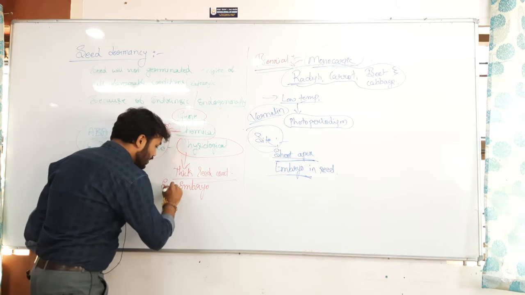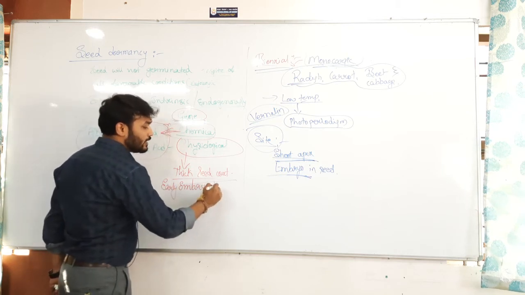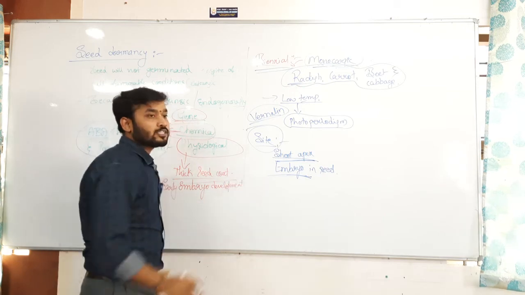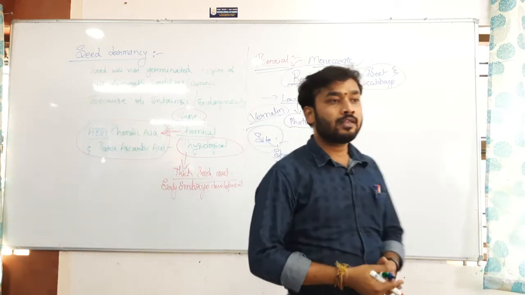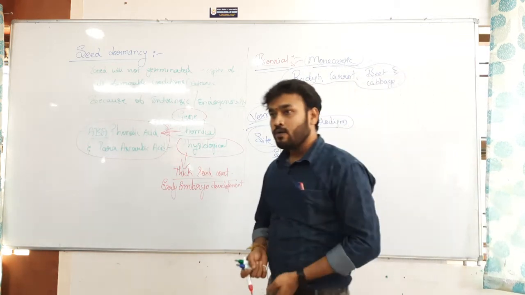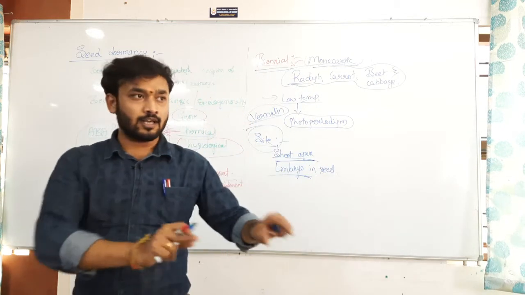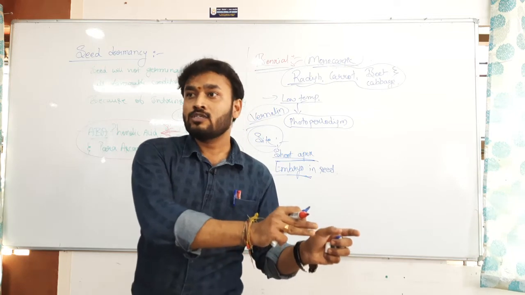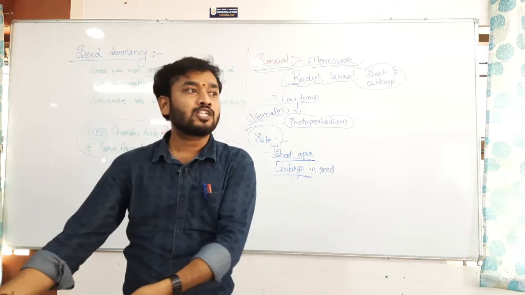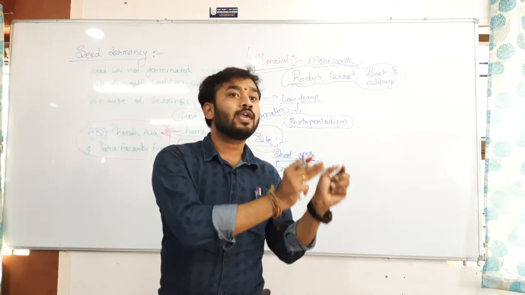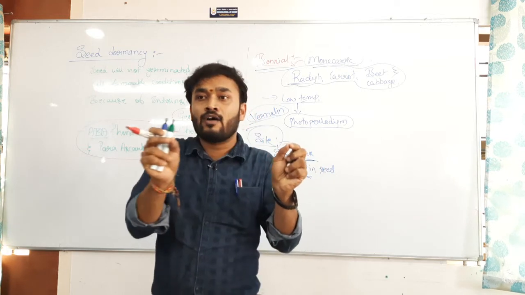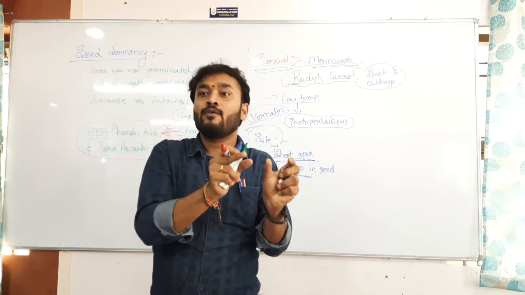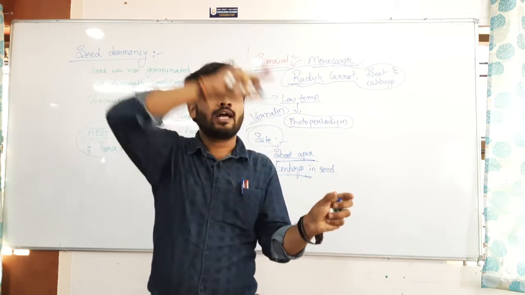Another cause is early embryo development. The seed is not germinating because the embryo is not completely developed. See, the wheat grown this year, we will not use those grains for sowing in the immediate next season. Why? We give a proper period of rest, a gap between harvesting and the next sowing.